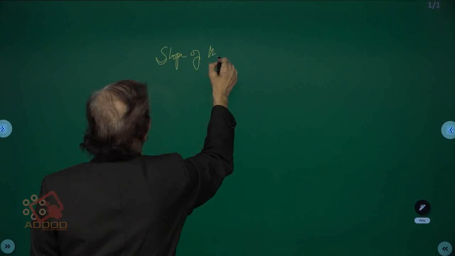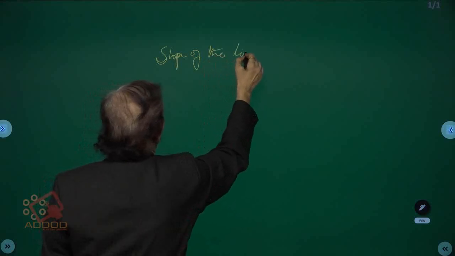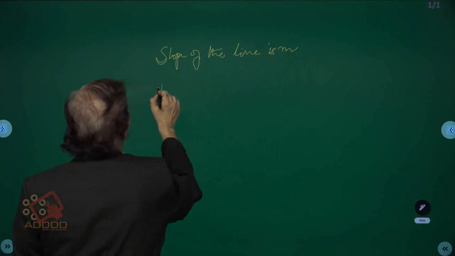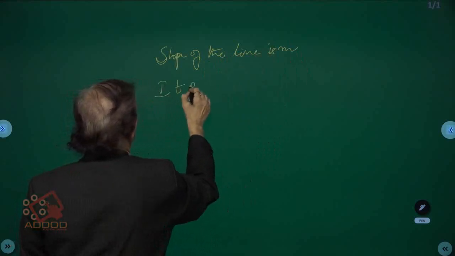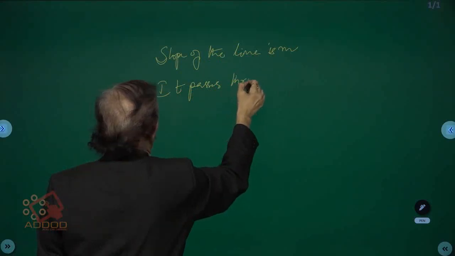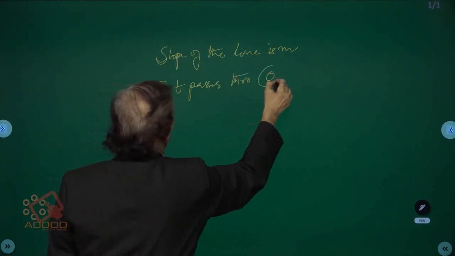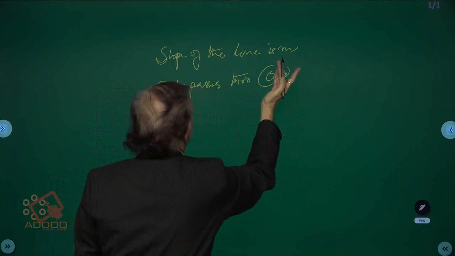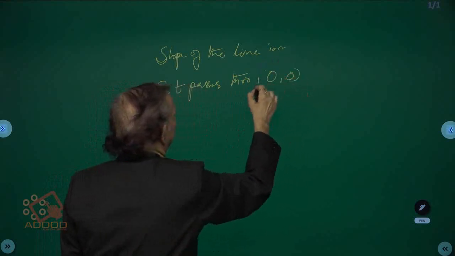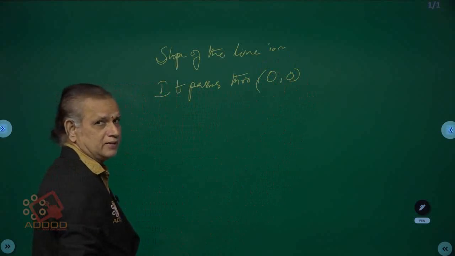Slope of the line is m. It passes through the origin. What is the equation of the line? y is equal to mx.